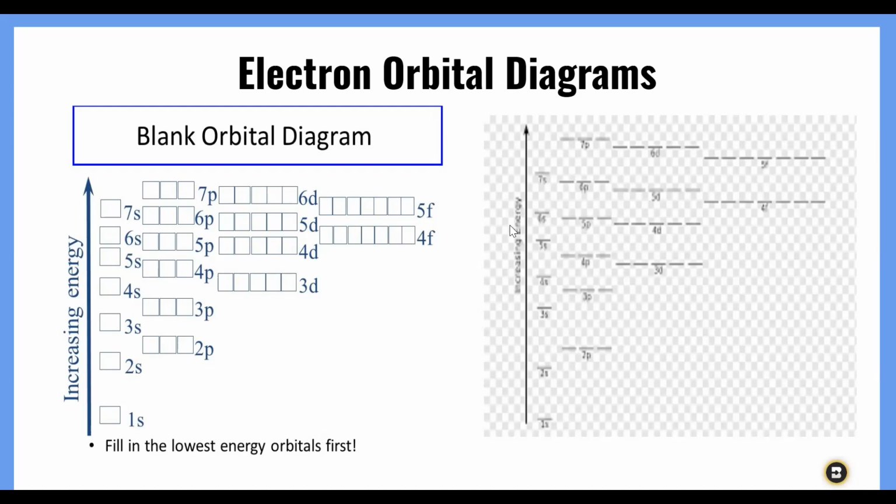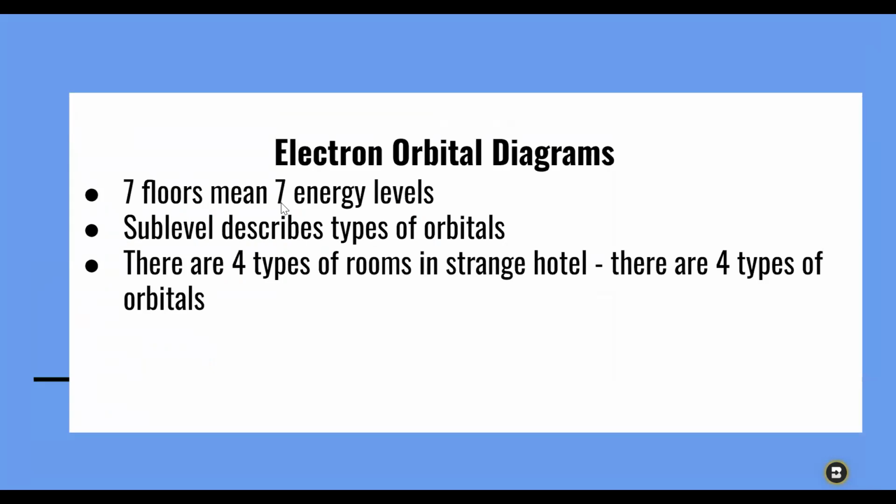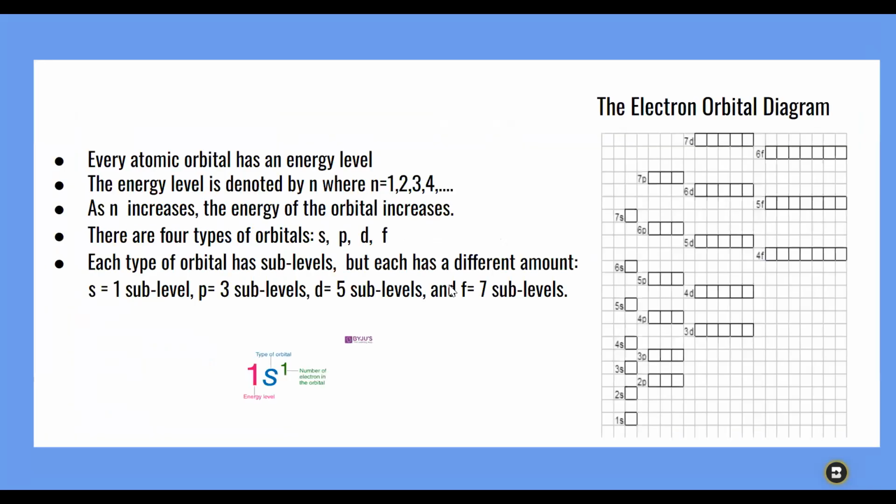And you see, this is the energy level. The energy is increasing as you go up in this electron orbital diagram. So 7 floors means 7 energy levels. Sub-level describes types of orbitals. That's S, P, D, F. There are 4 types of rooms in the Strange Hotel. There are 4 types of orbitals. Okay.